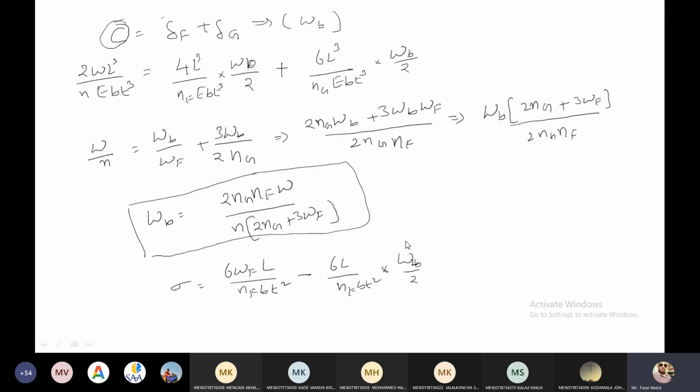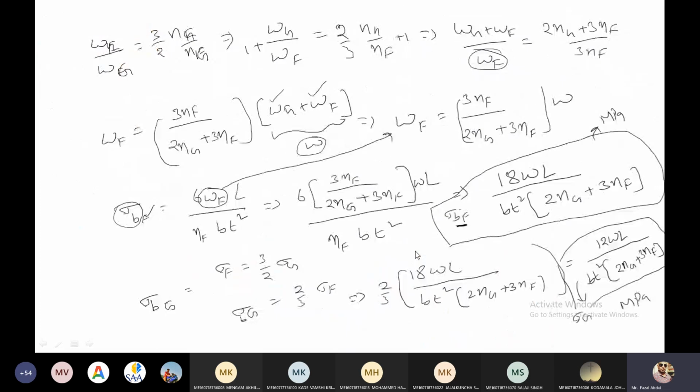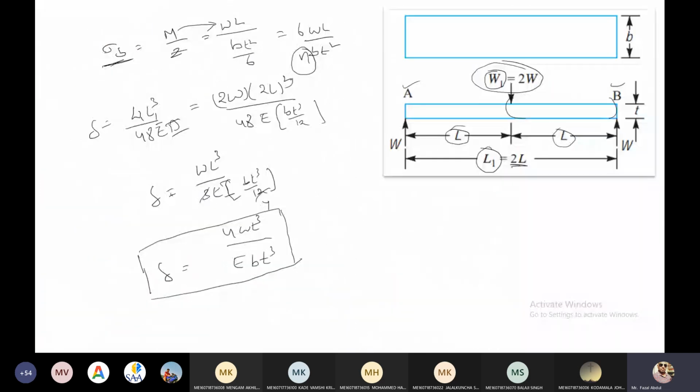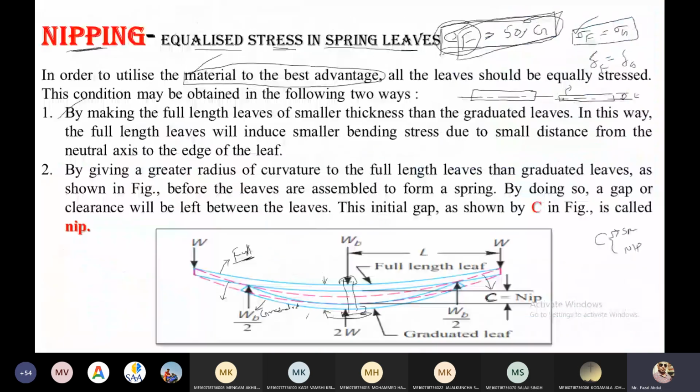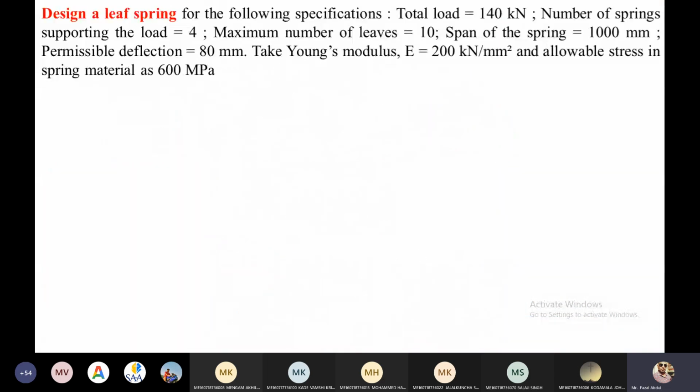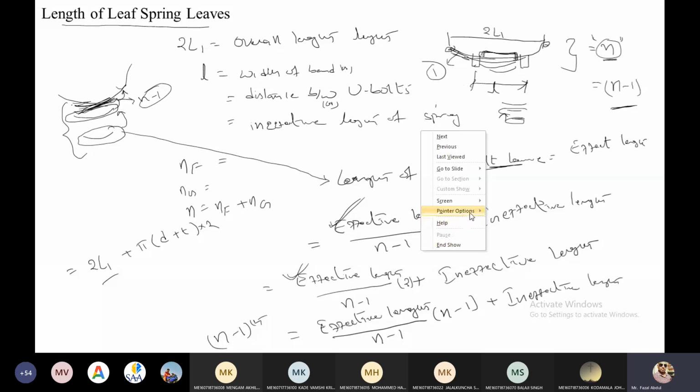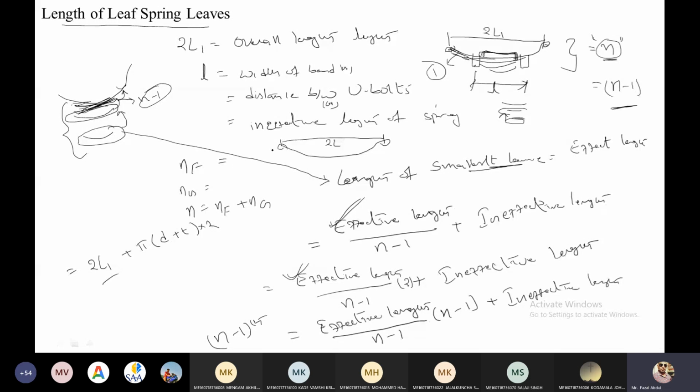See here, I am showing the master leaf, the diagram is not there. So the master leaf has two eyes, Babu, in this manner. From this center to this center is 2L1.